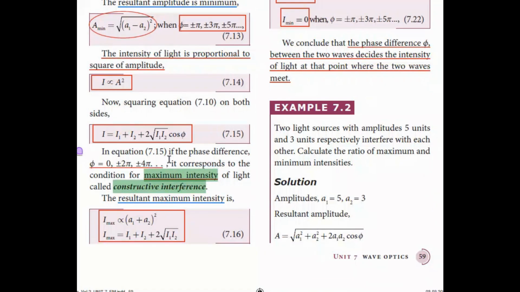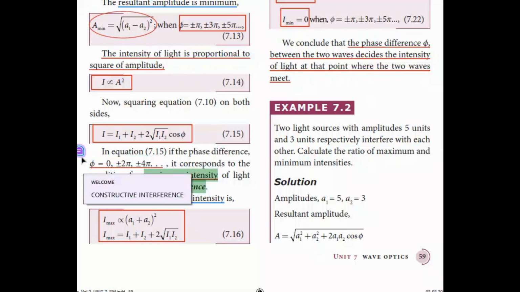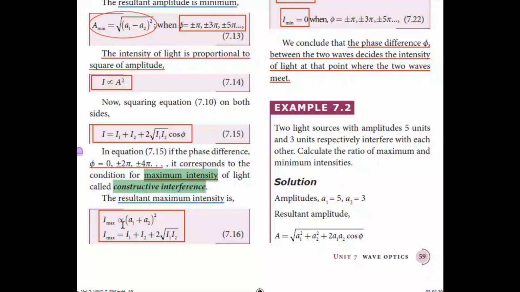And in this equation 7.15, if the phase difference phi is equal to 0, plus or minus 2 pi, plus or minus 4 pi, it corresponds to the condition for maximum intensity of light, and that is called constructive interference. Now, the maximum intensity will be given by this expression: I max is proportional to (a1 plus a2) the whole square, and that's equal to I1 plus I2 plus 2 into root of I1 I2.